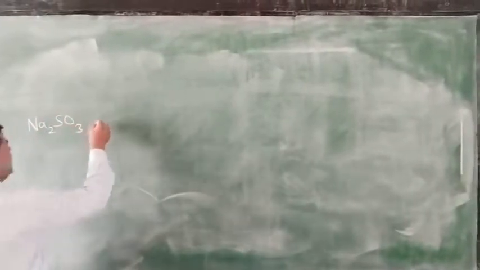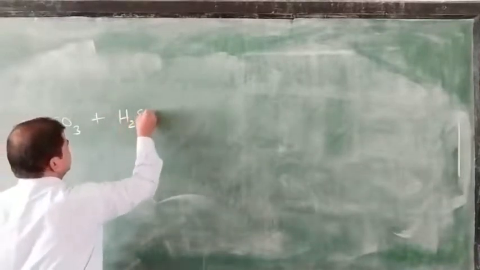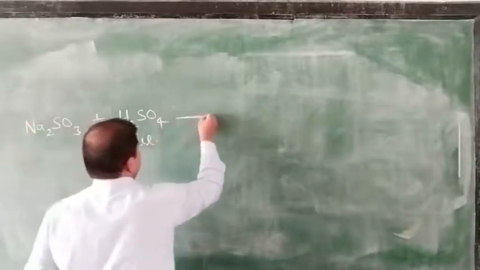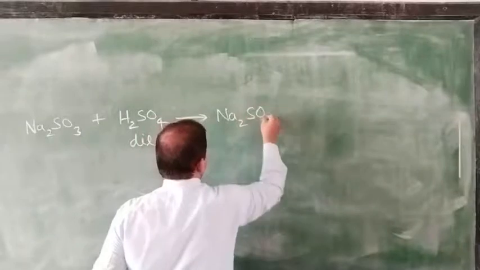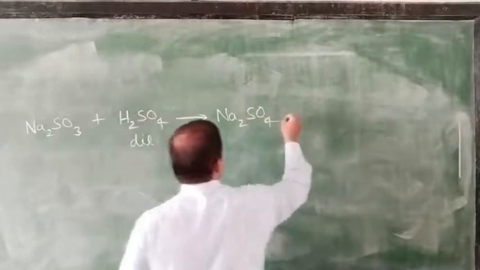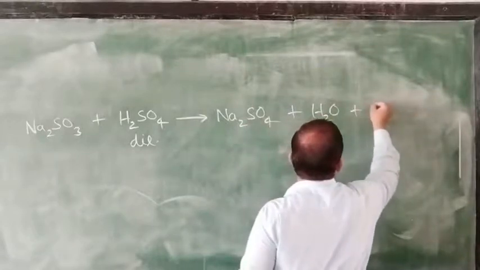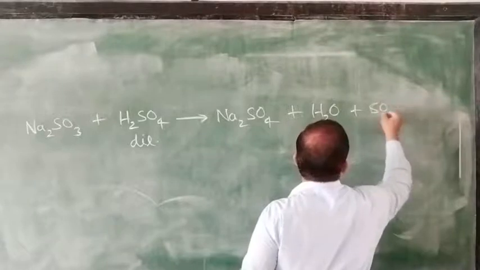Sodium sulfide reacts with dilute H2SO4 and we get sodium sulfate Na2SO4 plus water plus sulfur dioxide.